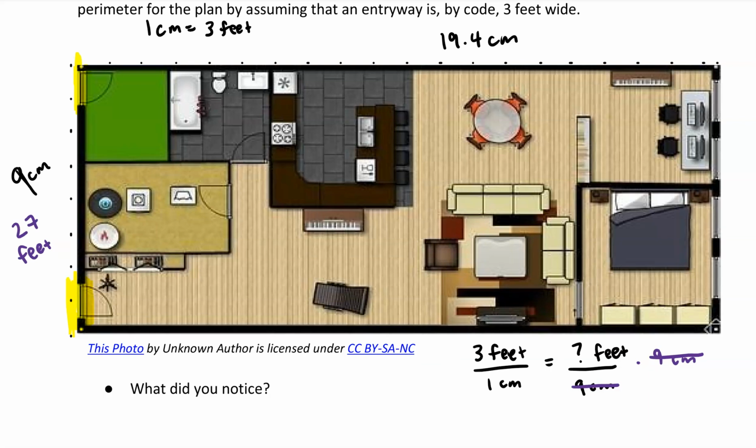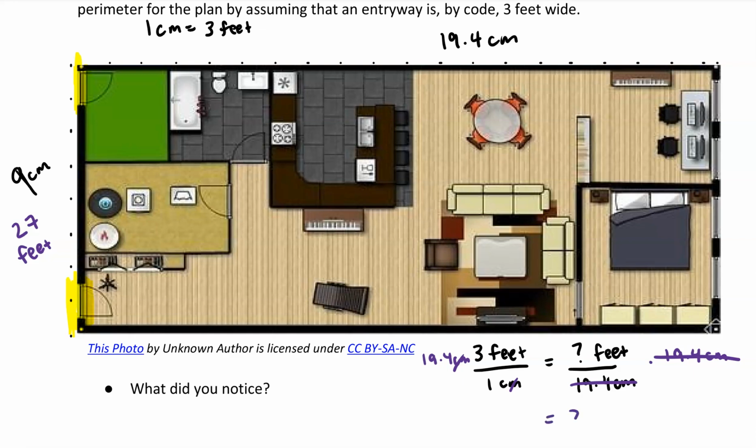and let's go ahead and do the same thing for the width. So the width is 19.4 centimeters. And we want to multiply both sides by 19.4 centimeters. And what that does for us is these will cancel here or divide out, and the centimeters here will divide out.